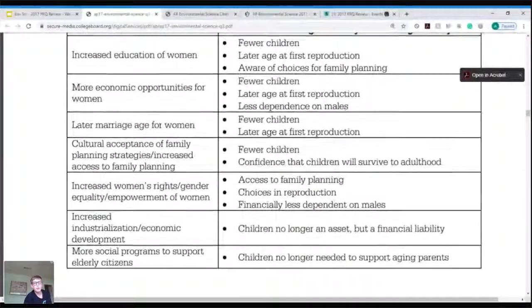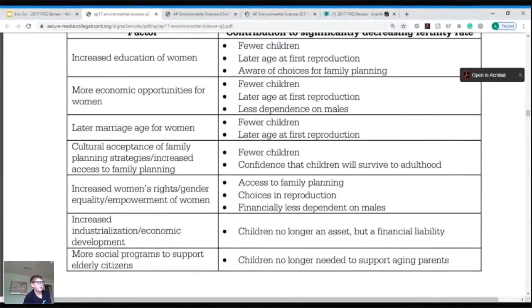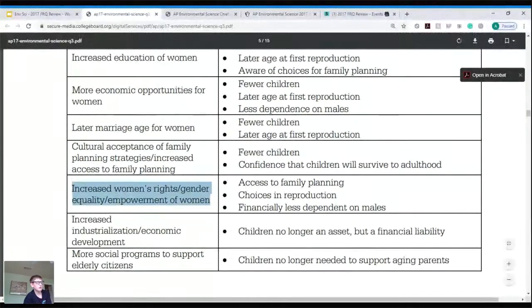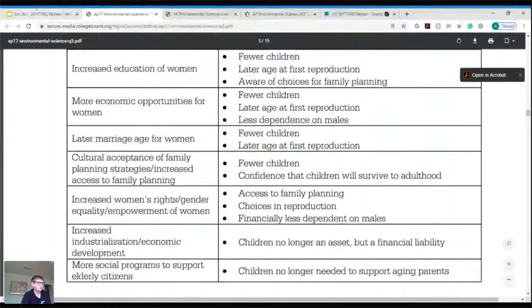We had preferring one gender, so that could definitely fall under increased women's rights, equality of women. And then we have industrialization, so children are no longer an asset. And that's the thing about giving them money. More economic opportunities for women could count as giving people money to have fewer babies. And I think that's covered what we've said.